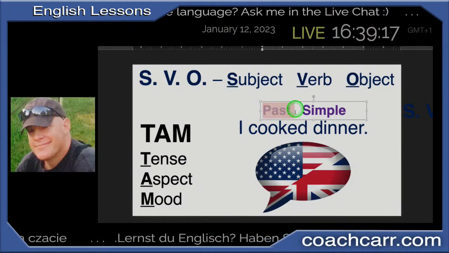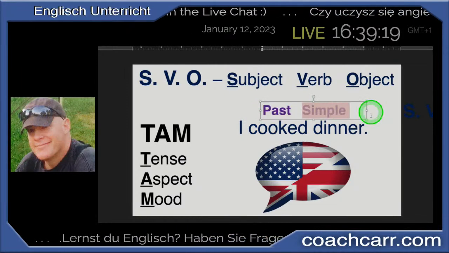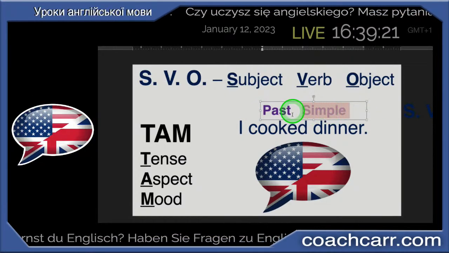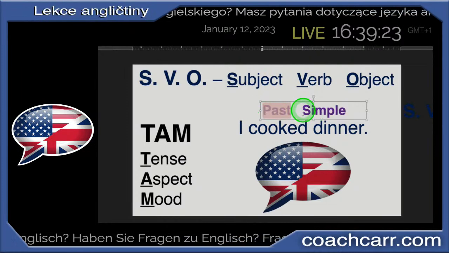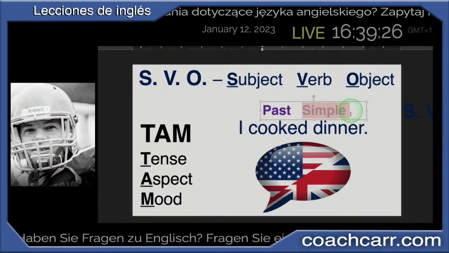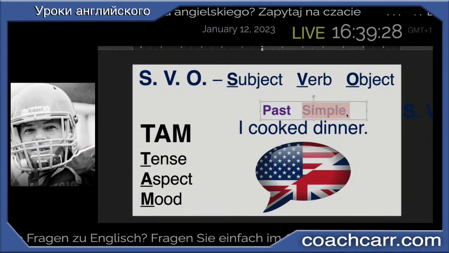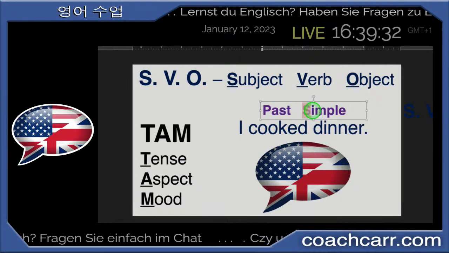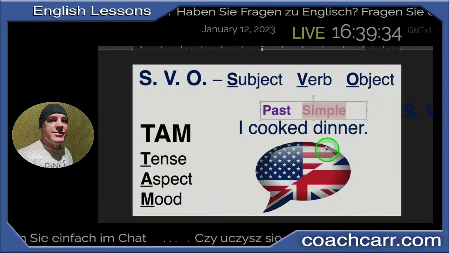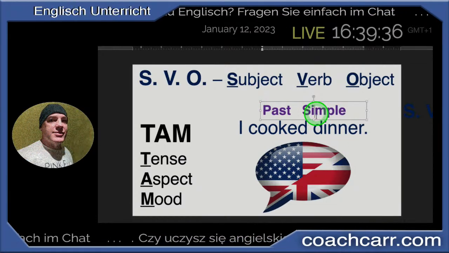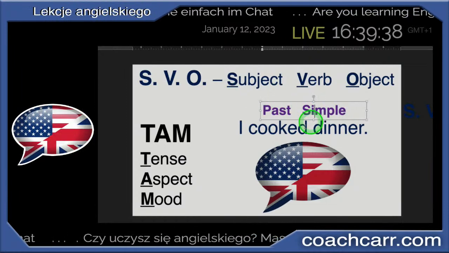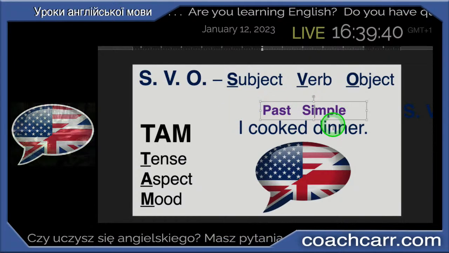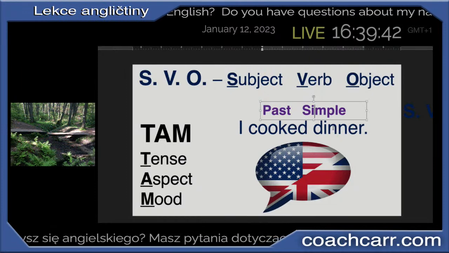It's simple, right? That's simple. This is the past. It's simple. Okay, but that's kind of the only time that we have actual simple when it comes to English grammar and these labels for tenses. It's the only time, really.